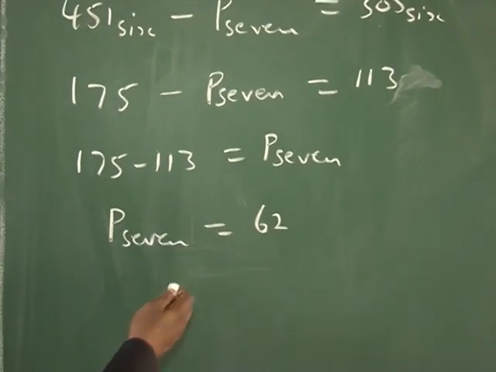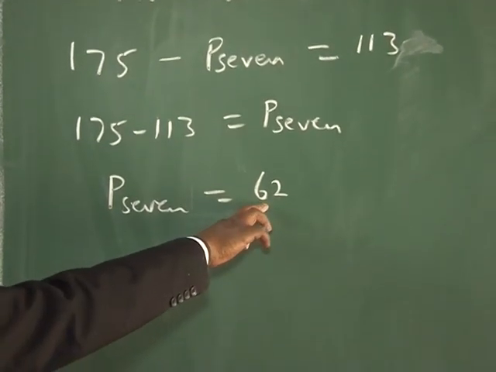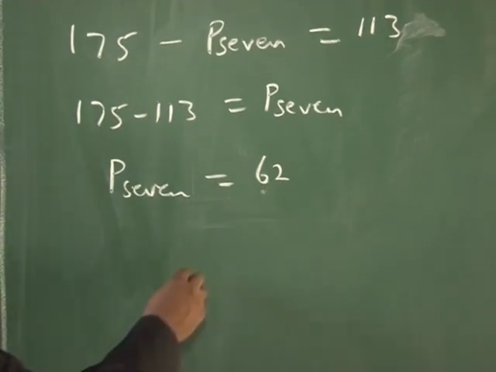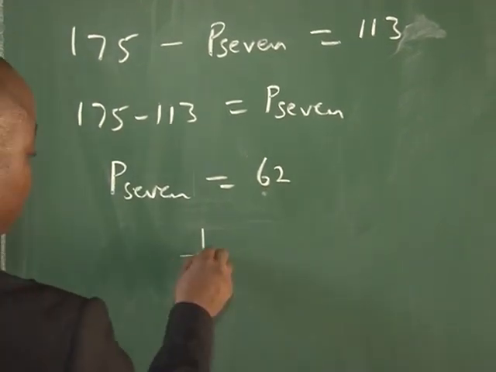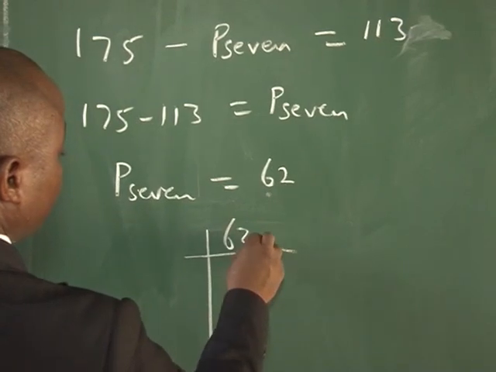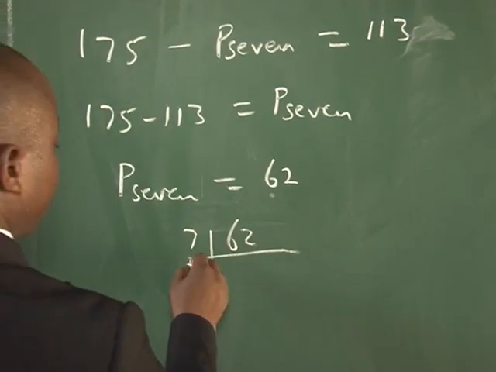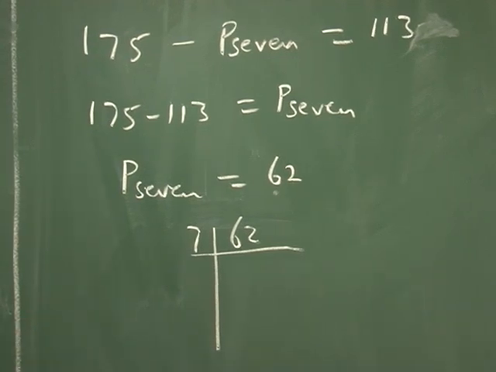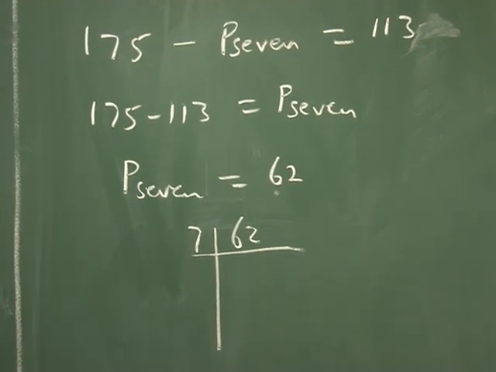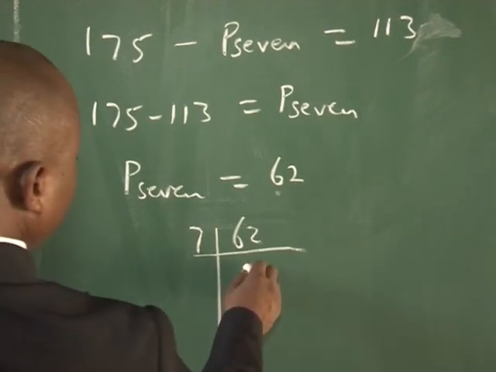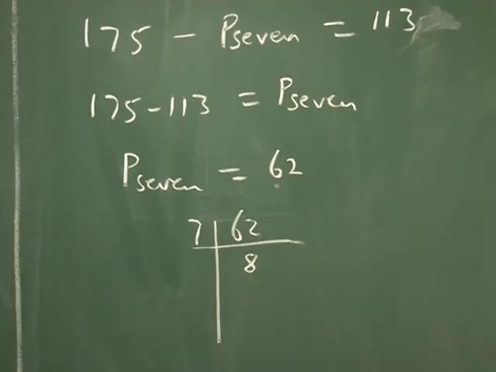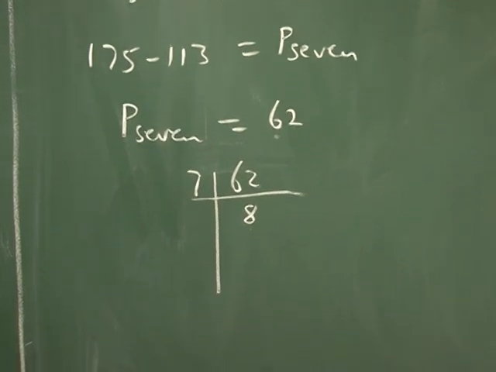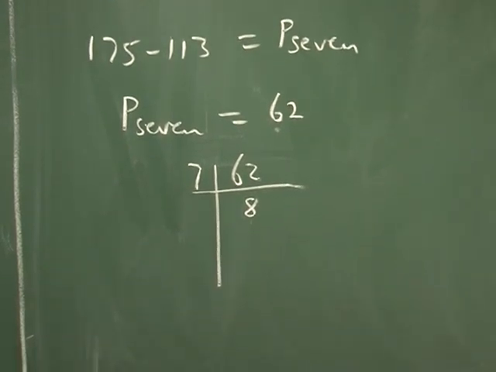So the next thing is to convert this to base 7. Write 62, convert it to base 7 so that we can find P. So if we do that, we'll have 8, because 8 times 7 is equal 56.